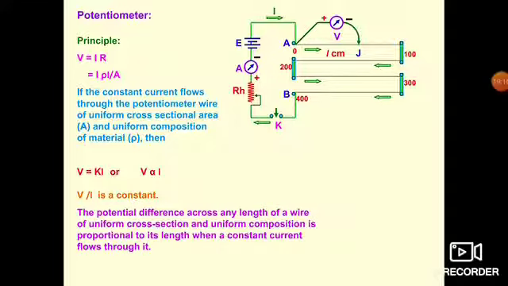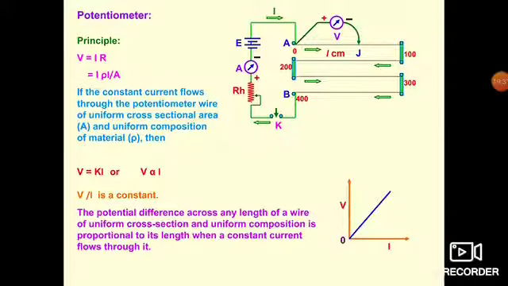So V by L, we will always get a constant value. This is also known as potential gradient. The potential difference across any length of the wire of uniform cross section and uniform composition is proportional to its length when a constant current flows through it.